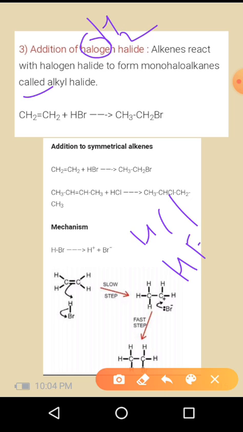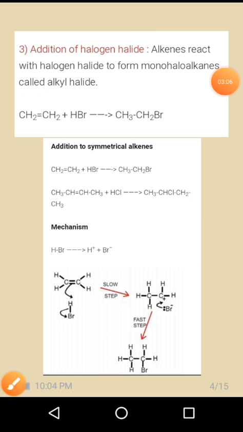In this case, the hydrogen halide reacts with the alkene and forms a halo-substituted compound. So here CH2=CH2 reacted with HBr produces CH3-CH2Br.